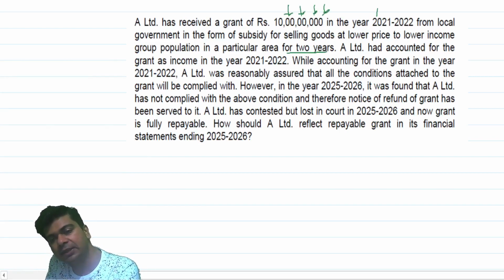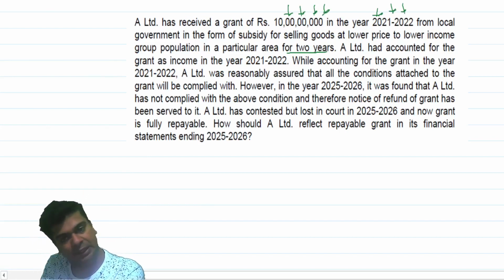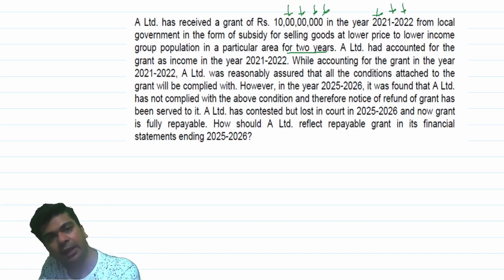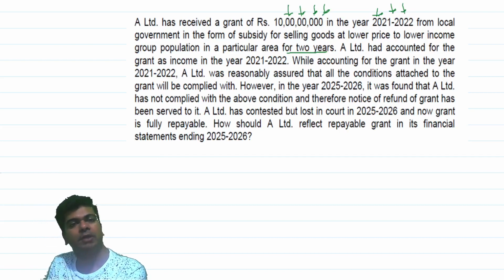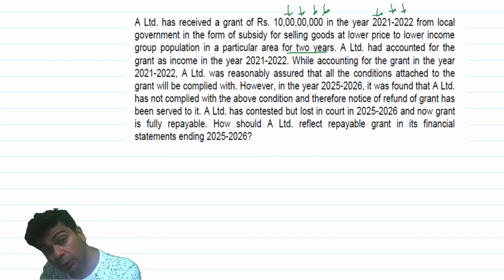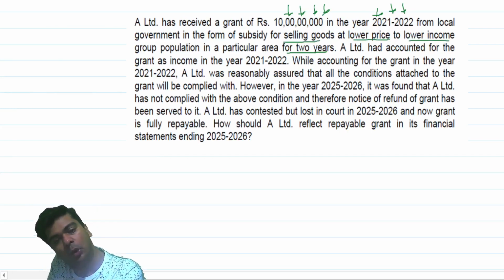We are getting this in the year 2021-22, and this grant is basically in the form of a subsidy. Whatever products that you are selling, the government wishes that those products are sold at a discounted price by us to lower income group population. They are saying that you should sell goods at a lower price to lower income group population in a particular area.